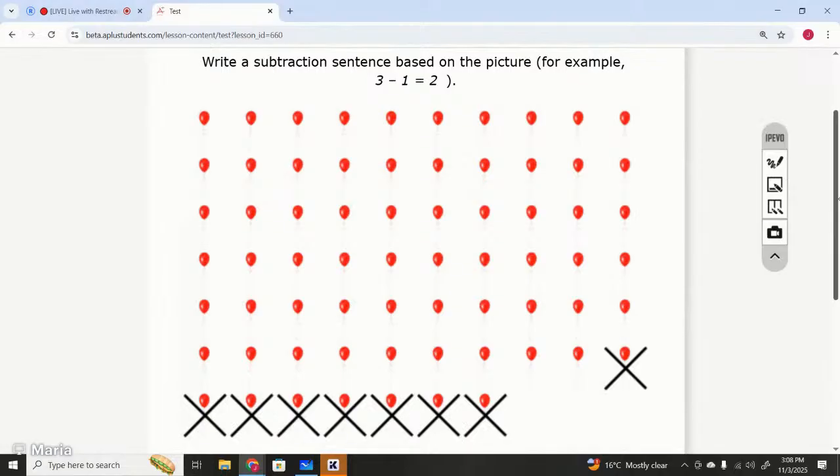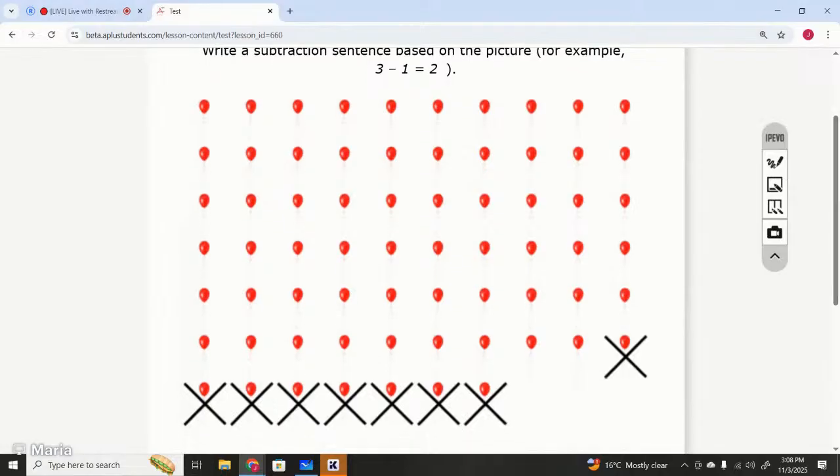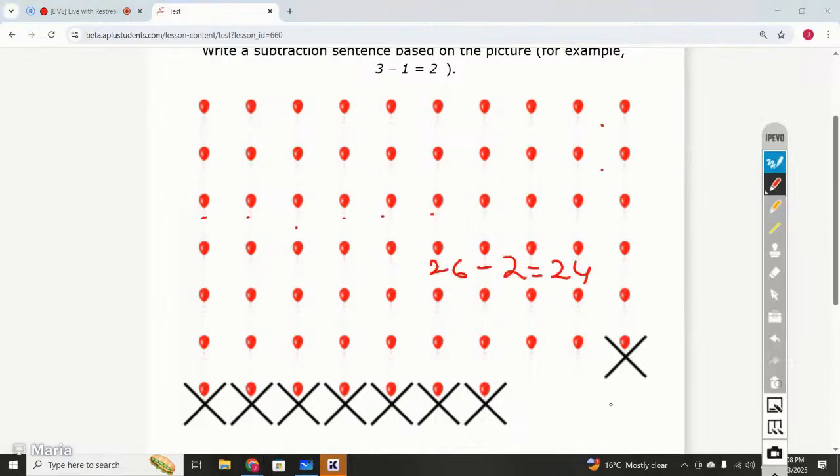Write a subtraction sentence based on the picture. 10, 20, 30, 40, 50, 60, 61, 62, 63, 64, 65, 66, 67. Crossed out: 1, 2, 3, 4, 5, 6, 7, 8.